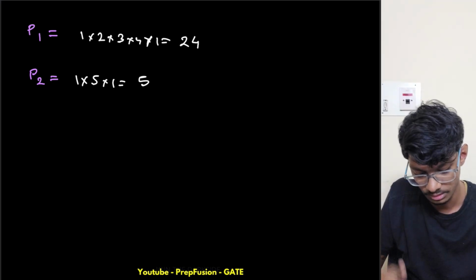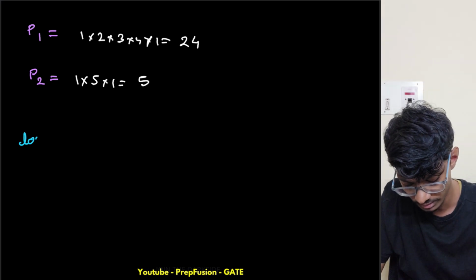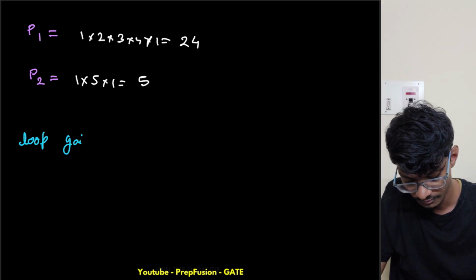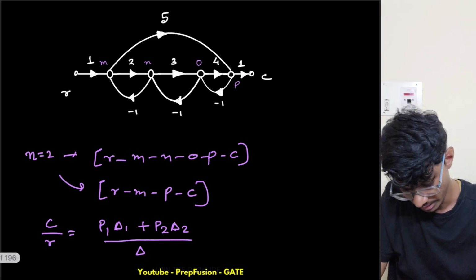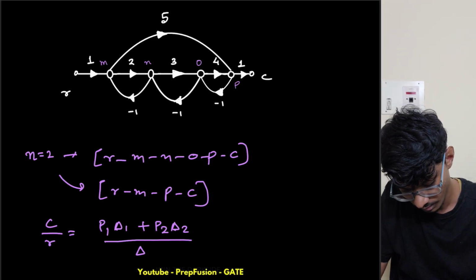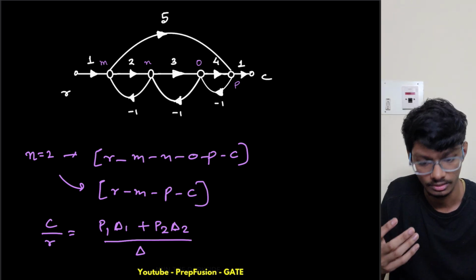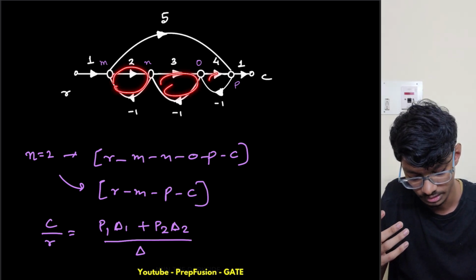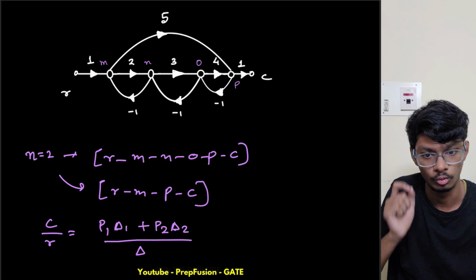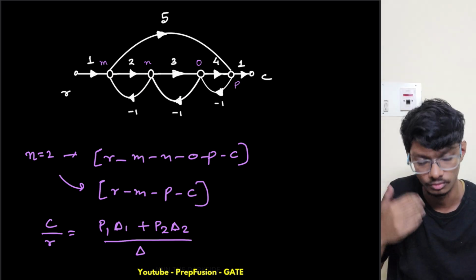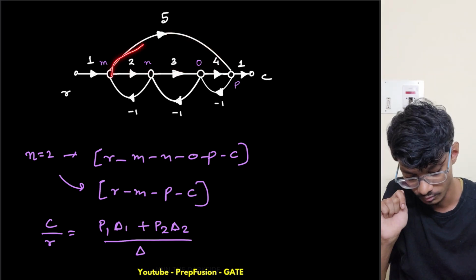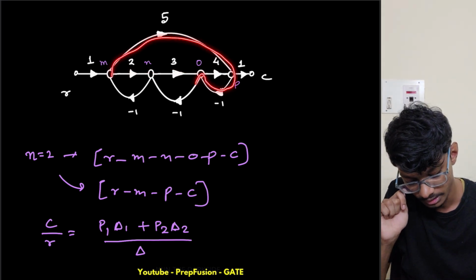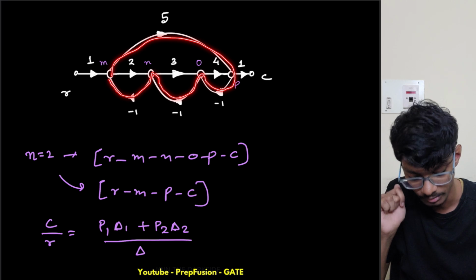Now let's find the loop gain. As you can see, I'm doing this a bit fast. What is my loop gain? How many loops do we have? We have this loop, this loop, this loop, these three. Do we have another loop? From here to here, no. But if I go from here to here, then like this, we are going with the flow and coming back to the same point.